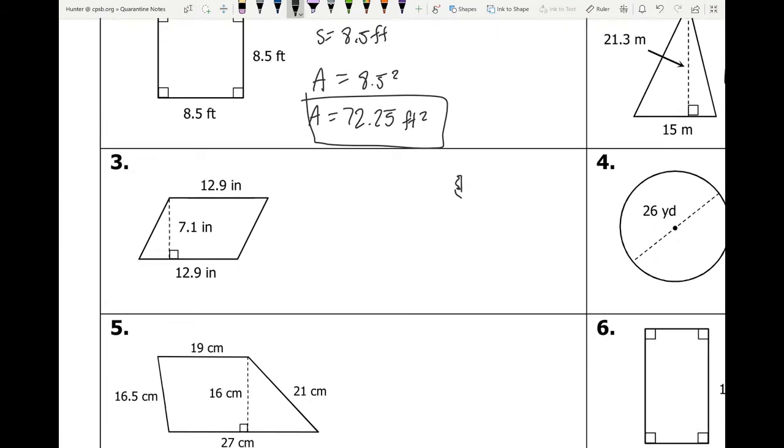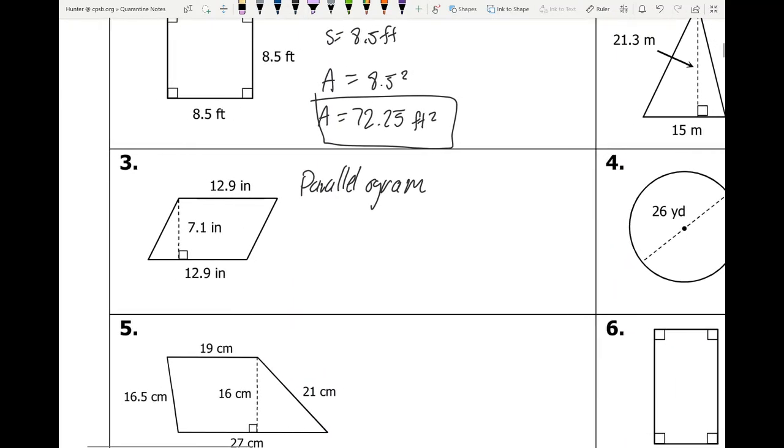Next, we've got a parallelogram. To find the area of a parallelogram, we need a base, which is the 12.9 inches, and our height, in this case, is the 7.1 inches.